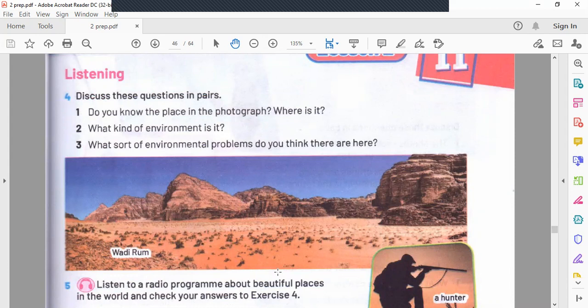Wadi Rum is a large area of desert in the south of Jordan. It's a very beautiful place with mountains, desert plants, and wildlife. Unfortunately, Wadi Rum has some environmental problems. Tourists help the local people make money, but when tourists go trekking in the desert, they often leave rubbish too.